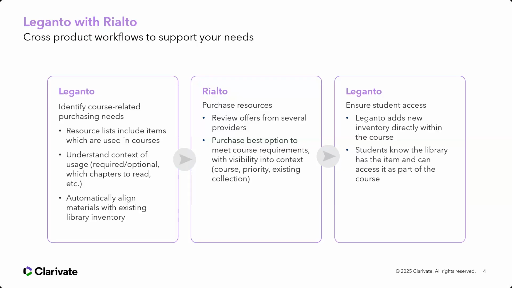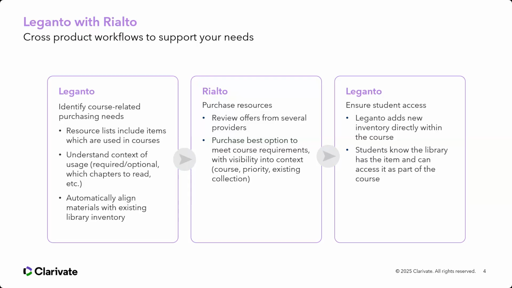Some of you, probably many of you, already know what's on this slide, but we see this as a natural tie-in across these two products because of the need to understand what's being used in courses. Leganto gives you that information about what's being used in courses and how it's being used. Is it a chapter that's required, or is it a whole book? Is it required? Is it optional? How many students are in those courses?